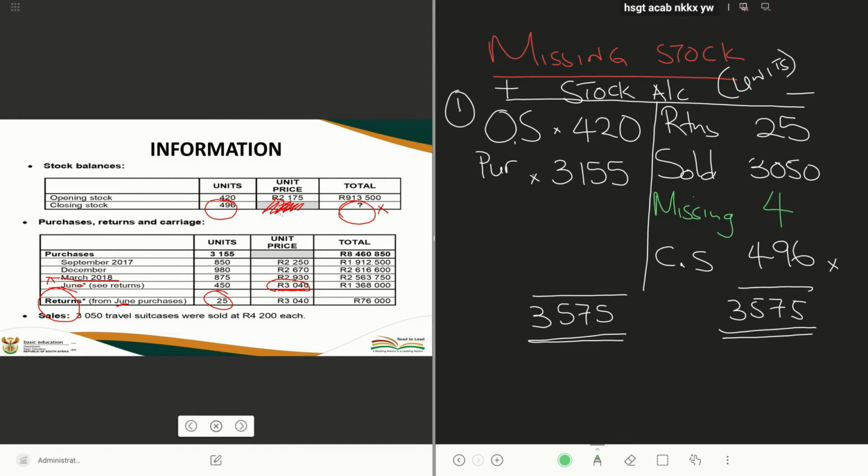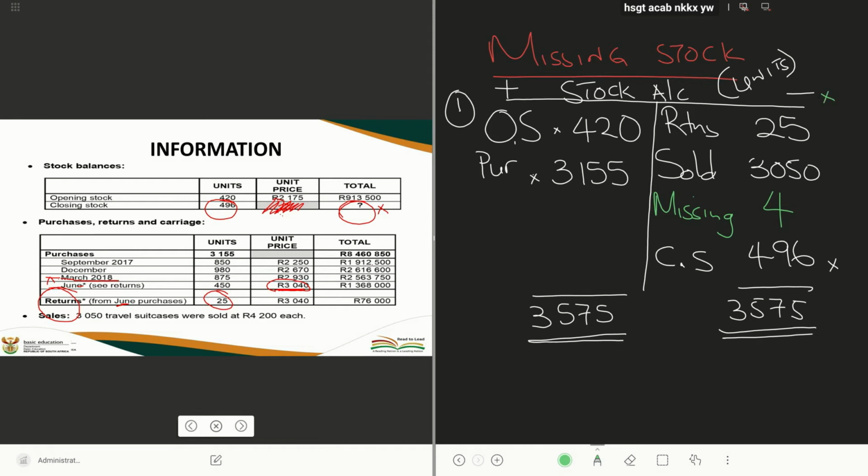All right? Simple. Because you have done a stock account already in your syllabus in grade 10, in grade 11. So when you come here, you already know that your stock account increases on the debit and decreases on the credit.